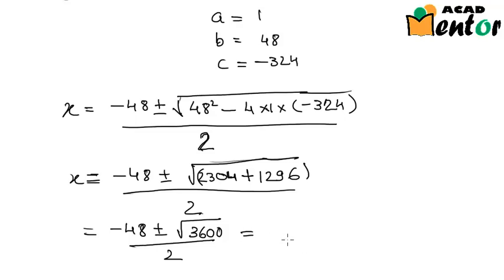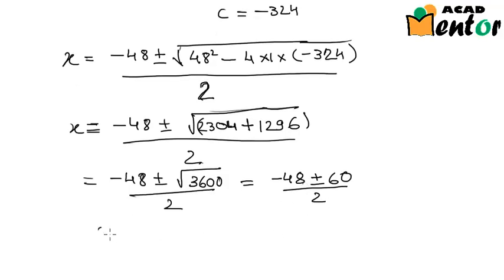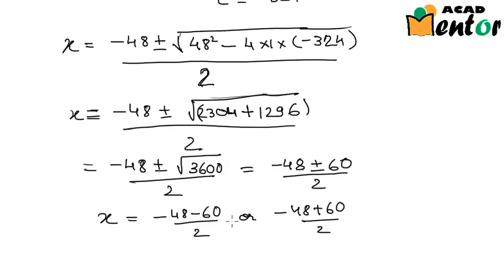So this value is equal to negative 48 plus minus 60 by 2, or I will get x is equal to negative 48 minus 60 by 2 or minus 48 plus 60 by 2. So this will be minus 108, and on dividing by 2 I will have minus 54. So x is either equal to minus 54 or x is equal to minus 48 plus 60 would be 12 divided by 2 would be 6.